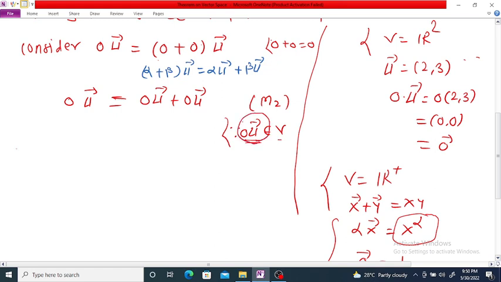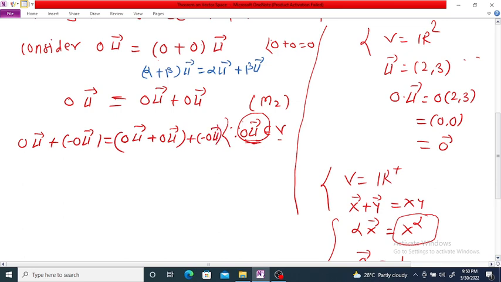So we add the negative element on both sides, so we get 0 u bar plus minus 0 u bar is equal to 0 u bar plus 0 u bar minus 0 u bar.